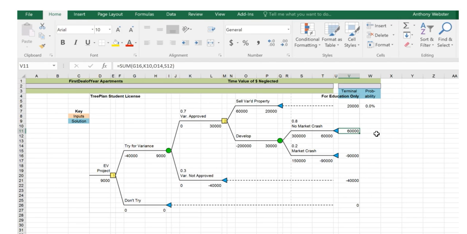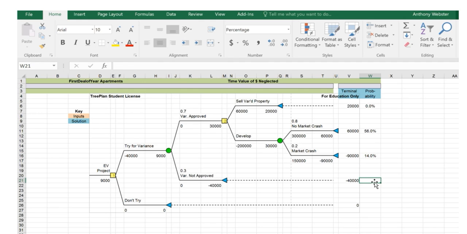Our 60 million net cash, that's going to be equal to the combined probabilities along the way, which we can just multiply because they are independent across tasks. So we have a 56% probability of getting there. Similarly, for market crash, we'd follow this path where the variance gets approved times the market crash probability of 20%, or 14% probability of winding up here.